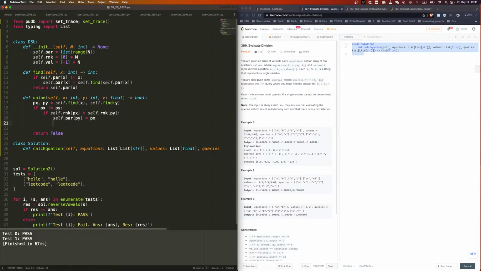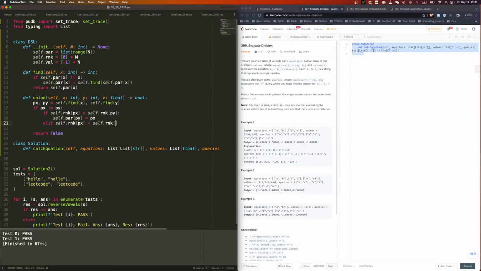Now, who is going to be assigned what value? Well, it depends, and it doesn't really matter which one, because you can assign either. So this is the regular code.